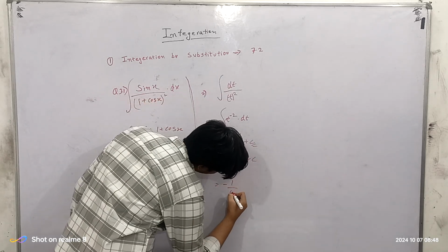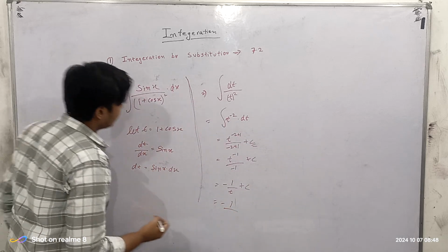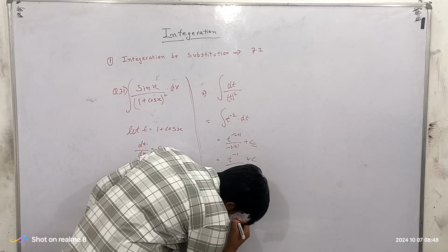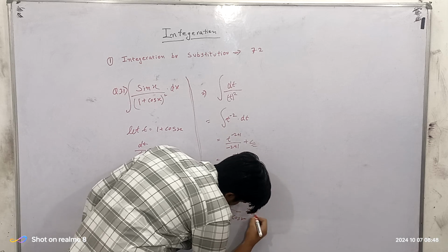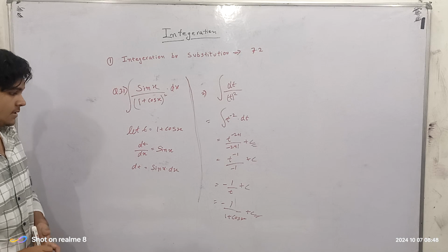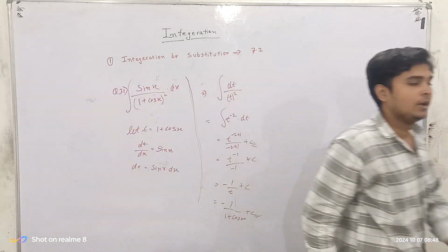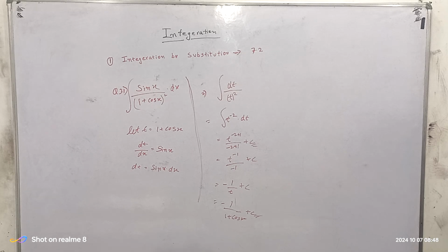Here what we have taken as t is 1 plus cos x, so the answer is 1 by 1 plus cos x plus c. Answer is solved. So this was the question. One more: this was another question of integration by substitution.